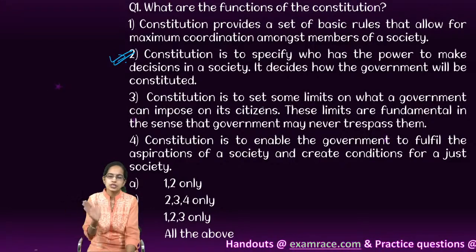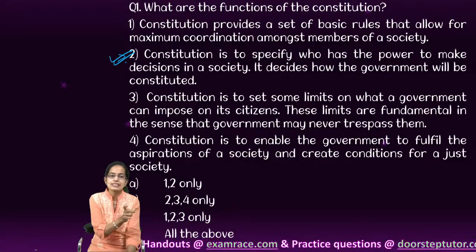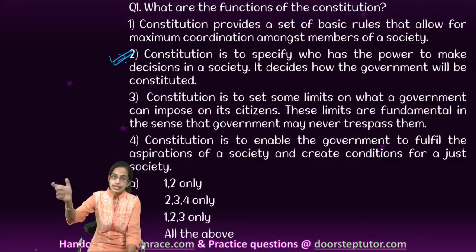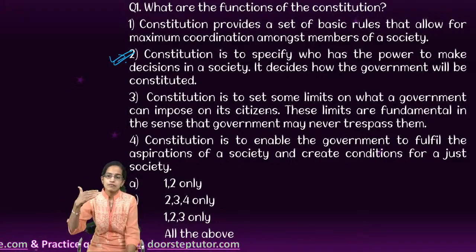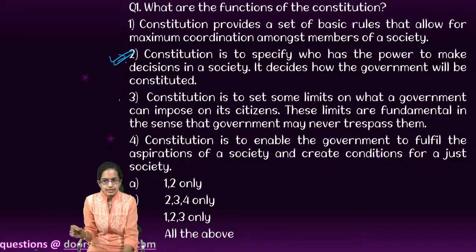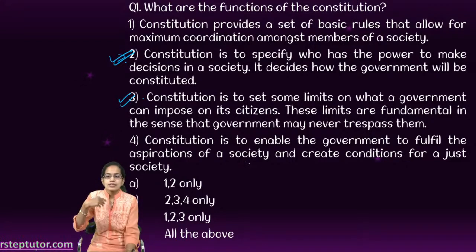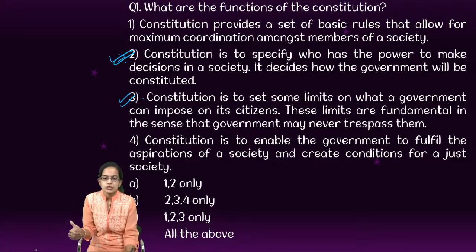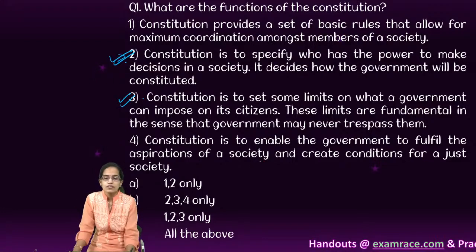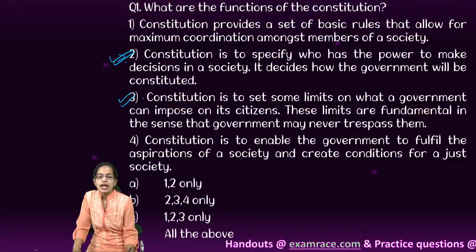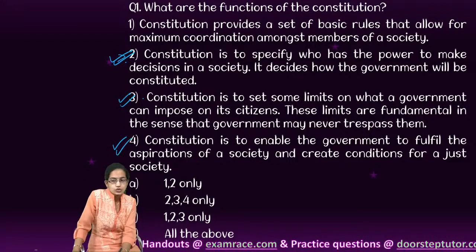Then the Constitution definitely sets some limit on what the government can impose onto the citizens, and what the limits are which are fundamental. So that is again true. Then the last statement says the Constitution helps enable the government to fulfill the aspirations of the society and create conditions of a just society.